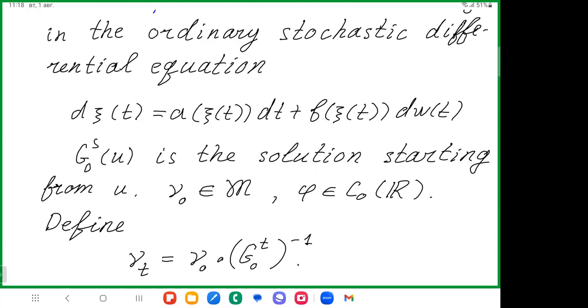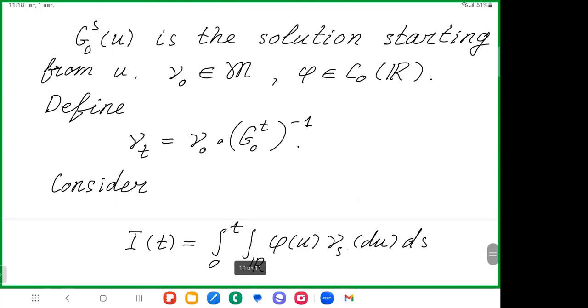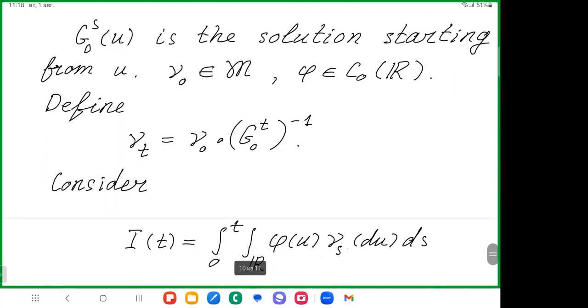But now let us construct a so-called additive functional from this flow. This additive functional looks like that: I(t) is equal to the integral from 0 to t, the integral with respect to r of this phi, d nu s, and ds. So what happened?